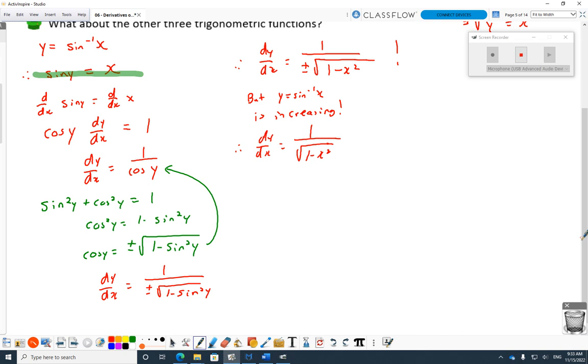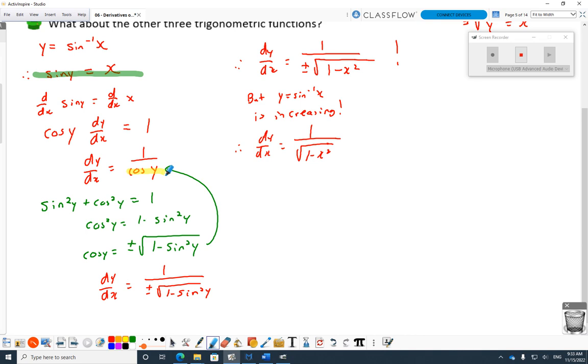Yes? Oh yeah, okay, right here. So different highlighting color, I'm going to highlight in yellow. Right here I had 1 over cos y, which I was very happy with. But then I noticed it didn't have x's in it.